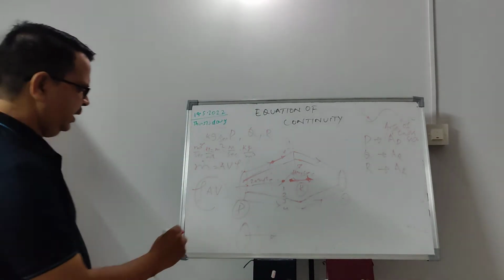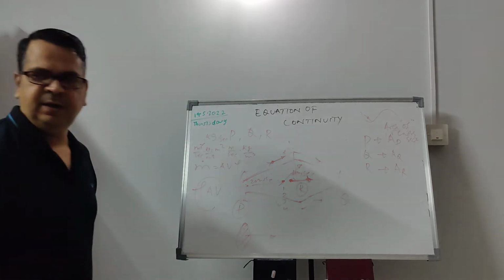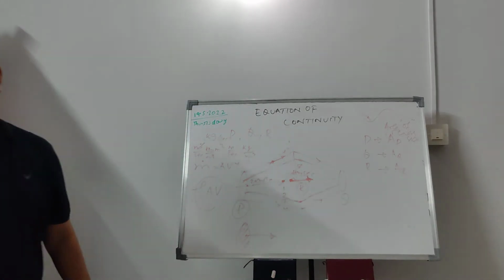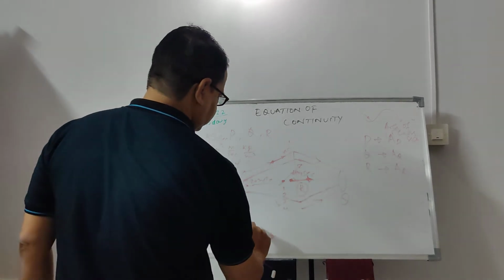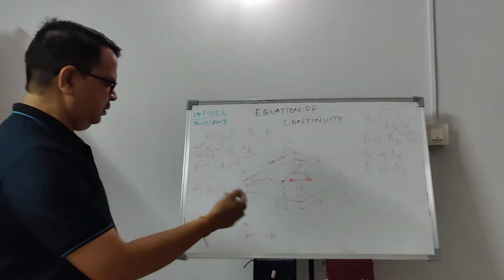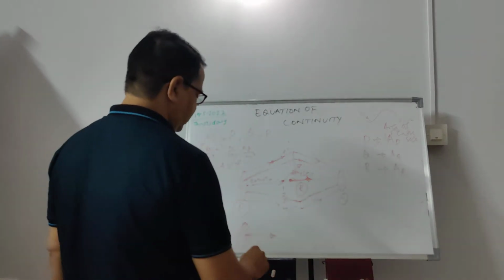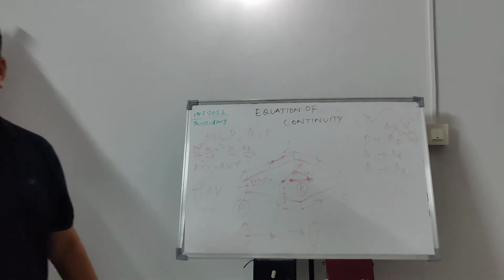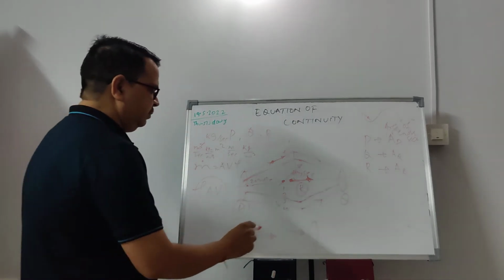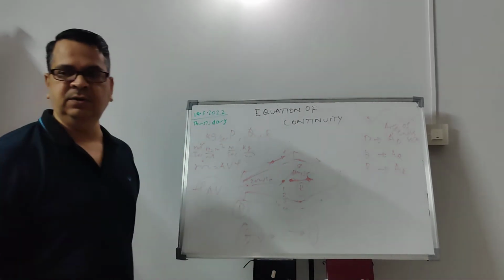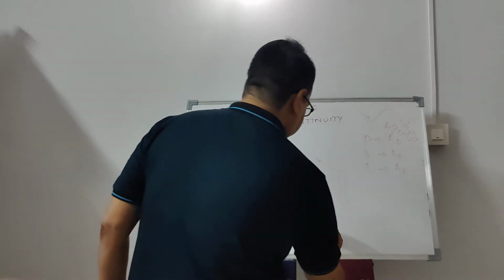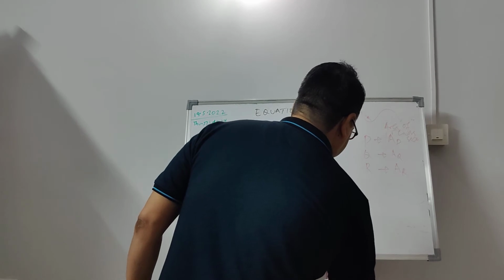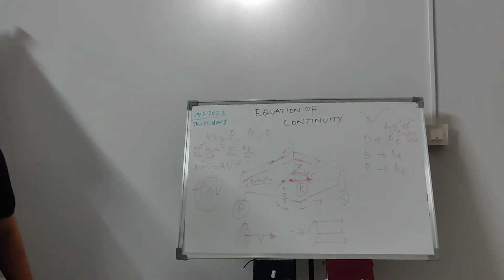So my area of cross section is this, into this length. If you draw it, it is actually a volume. This is the area of cross section, and this is my velocity. So this becomes kind of a cylinder, right?